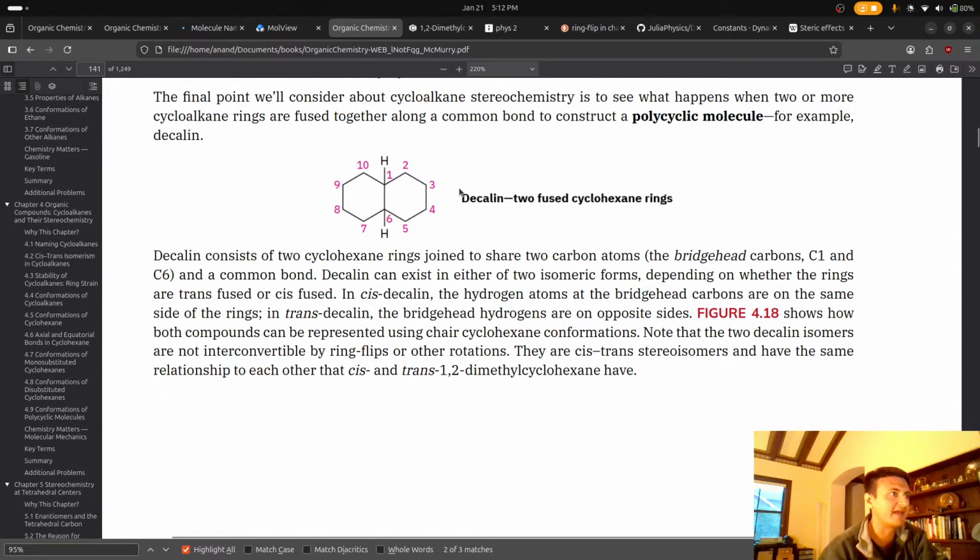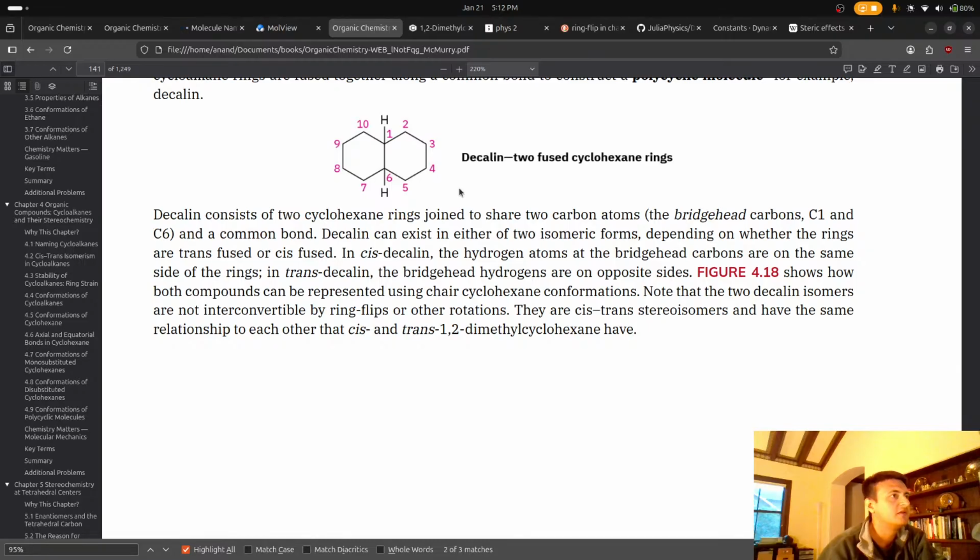Yeah, I was looking at decalin earlier. Decalin consists of 2 cyclohexane rings joined to share 2 carbon atoms, the bridgehead carbons C1 and C6, in a common bond. Decalin can exist in either of 2 isomeric forms, depending on whether the rings are transfused or cisfused. Oh, what? In cis-decalin, the hydrogen atoms at the bridgehead carbons are on the same side of the rings. What does that mean?